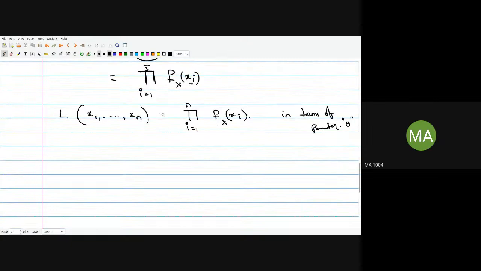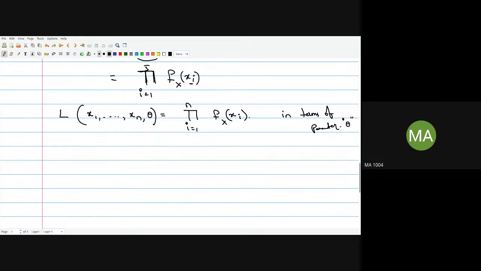So it is a product, and in place of small x you will have the xi's, but the unknown parameter theta stays, and this will turn out to be a function of theta finally. So once you substitute the x1, x2, x3 to xn values, it is not only a function of x1 to xn, it will also be a function of that parameter.